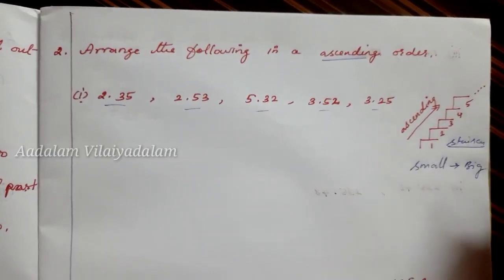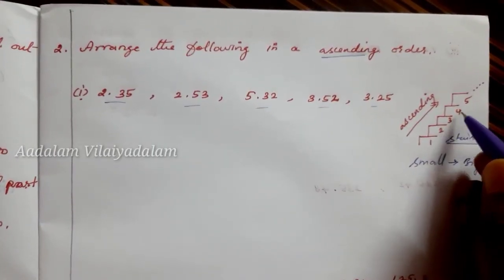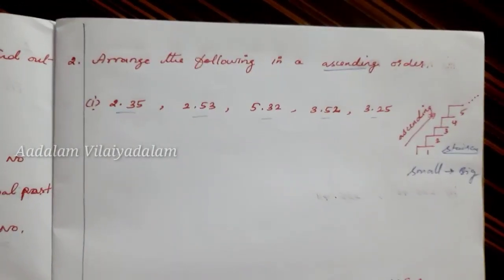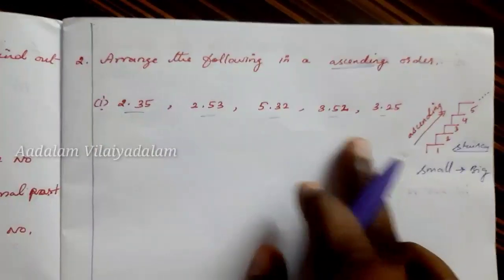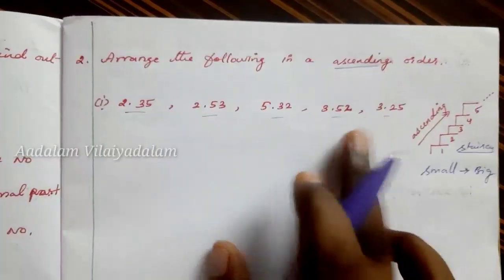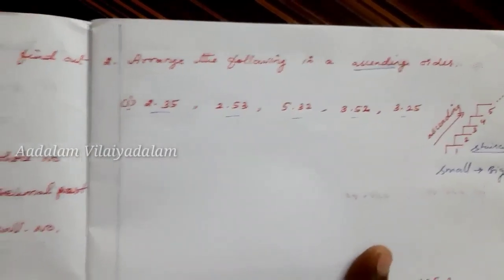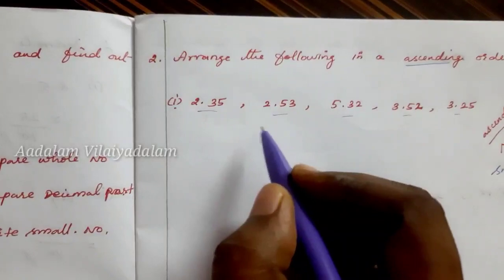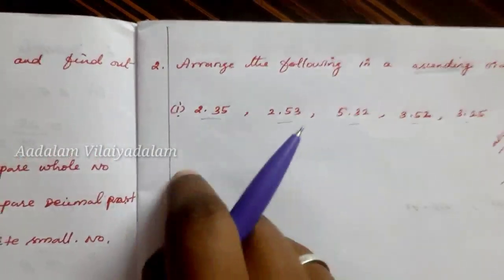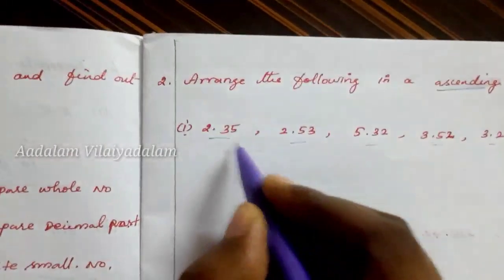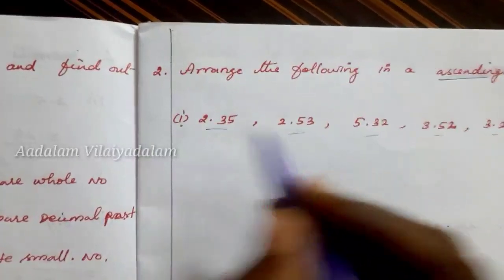This is called ascending order: 1, 2, 3, 4, 5, etcetera. In this way we are going to arrange the following decimal numbers in small to big order. Therefore we need to find out the smallest number. So compare these numbers, 2.35, 2.53.